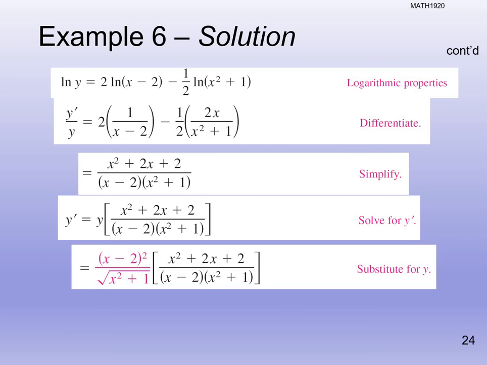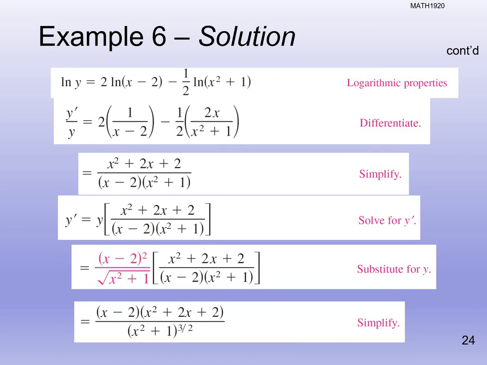And then in the denominator, I have the square root of x squared plus 1. I'm going to rewrite the square root with a 1/2 power, so it becomes x squared plus 1 to the 1/2. And then I have x squared plus 1 to the 1. When I multiply those, I add the exponents. So when I do that, in the denominator, I get x squared plus 1 to the 3/2.